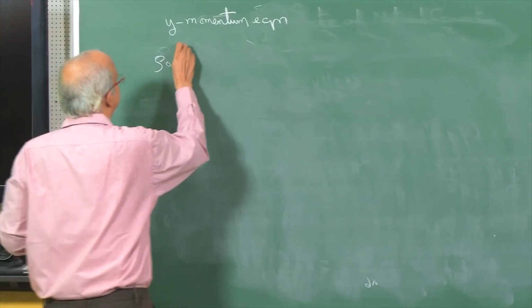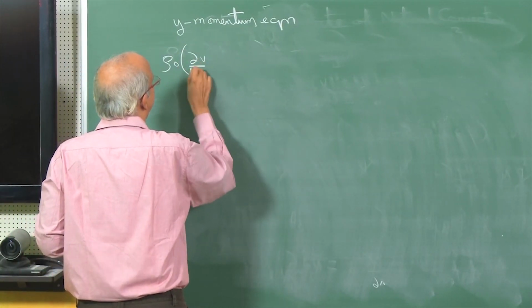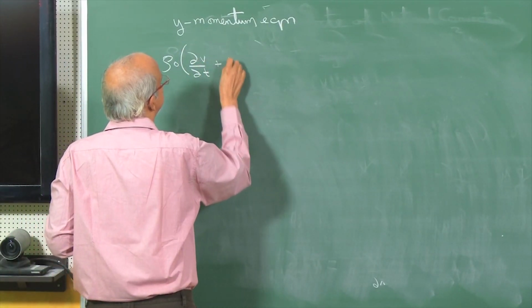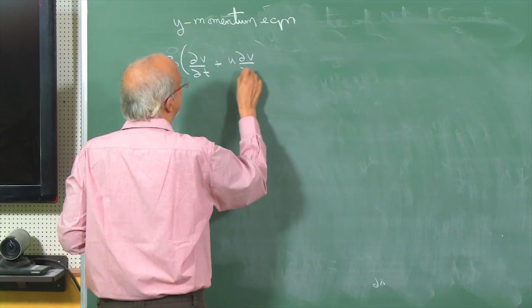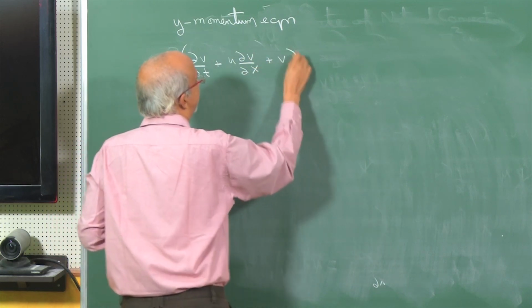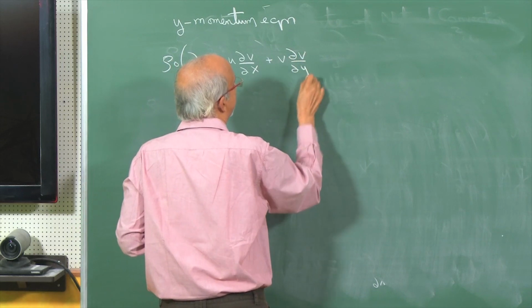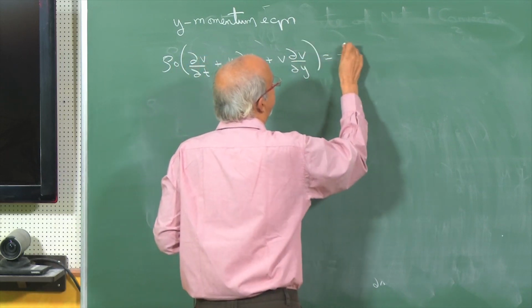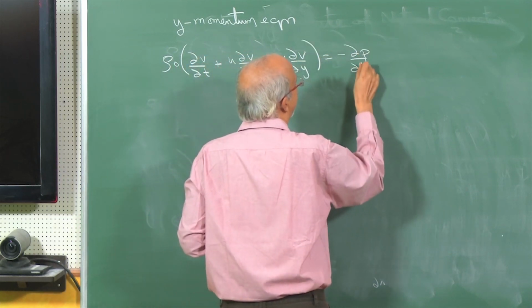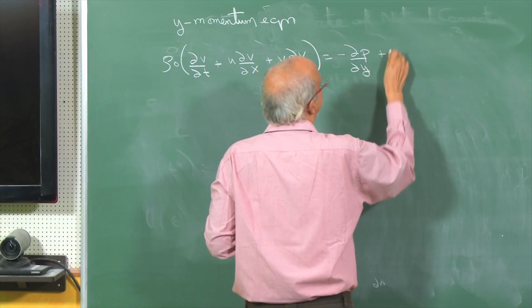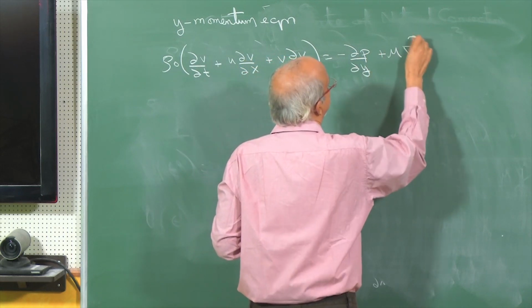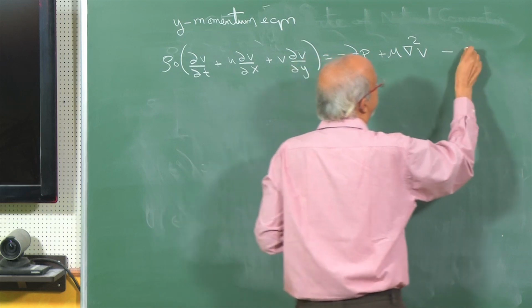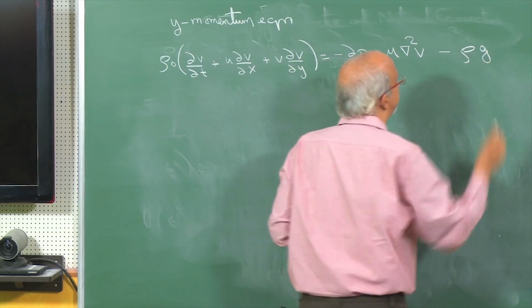So, rho naught times dV by dt plus u dV by dx plus v dV by dy equals minus dP by dy plus mu del squared v minus rho g.